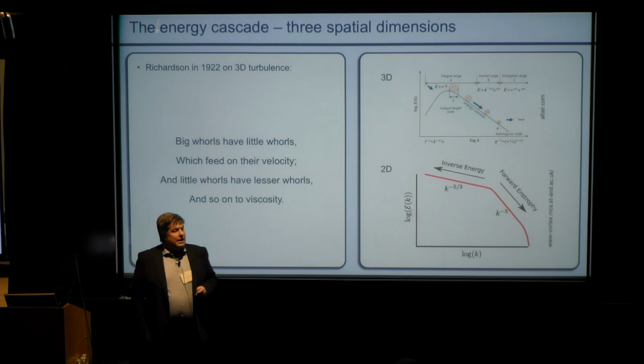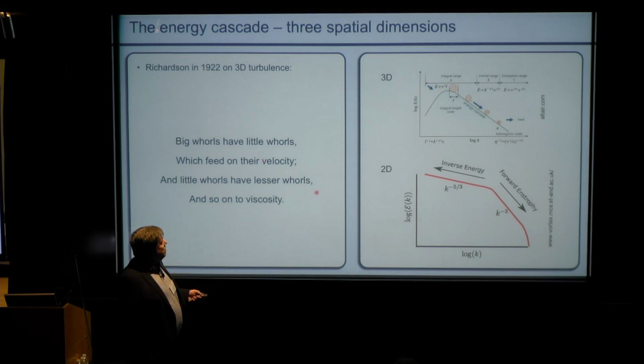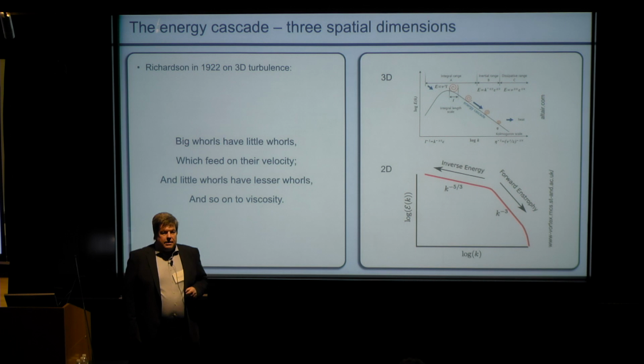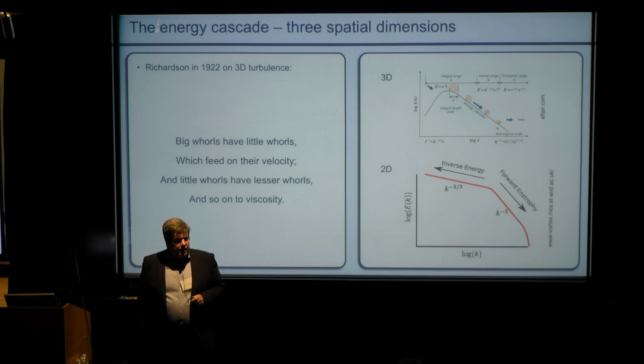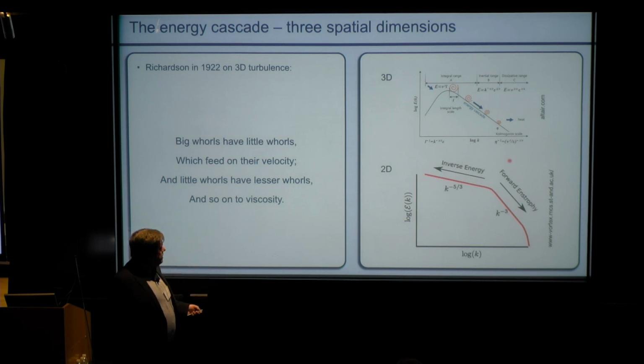What follows from this is the Kolmogorov energy cascade, where energy is inserted at a long length scale, and that energy then travels down, so the vortices become smaller and smaller and then dissipate. The situation in 2 dimensions is different. In 2 dimensions, if you insert energy at a certain length scale, the energy will move to longer length scales, and the so-called entropy will move to shorter length scales.